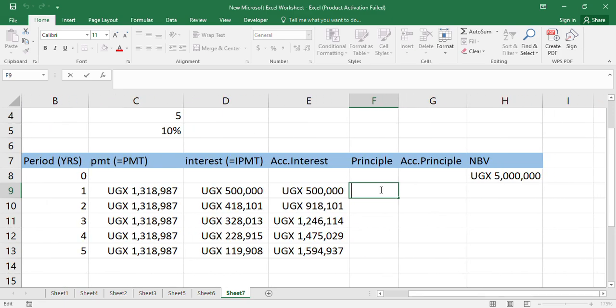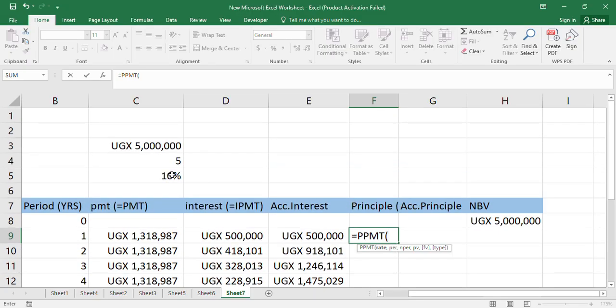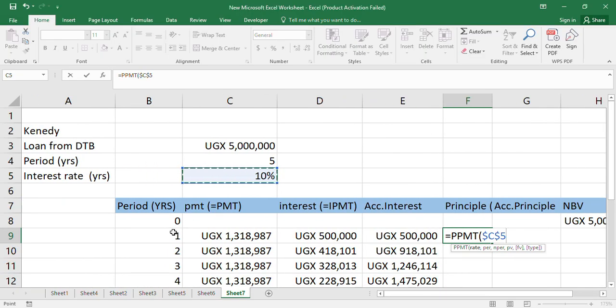We shall also have the principal. The principal also has an inbuilt Excel formula, which is equals to PPMT. It asks us the rate, which needs to be fixed. It asks us the PER, which is the payment period.